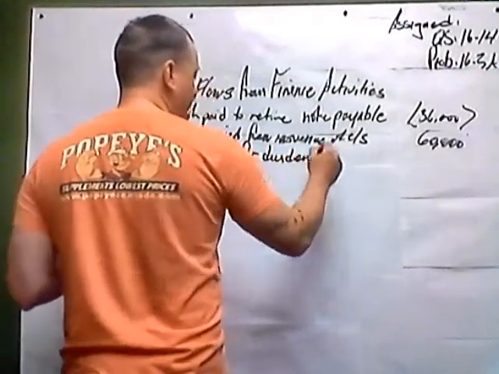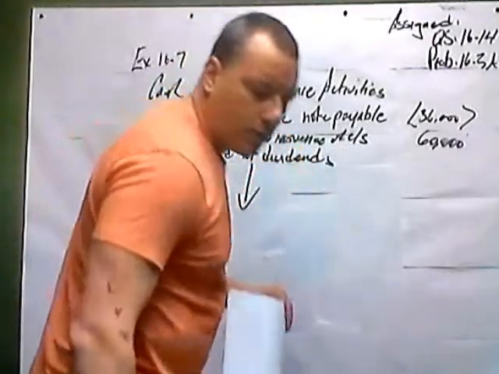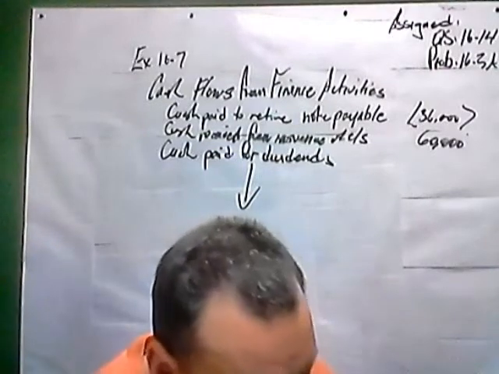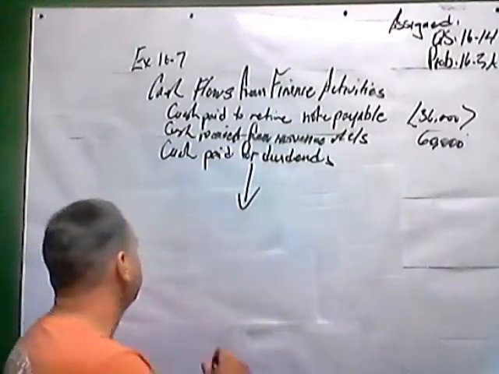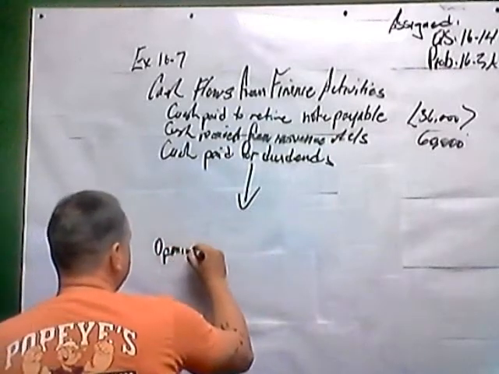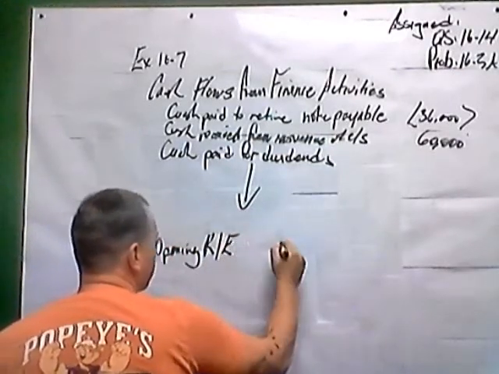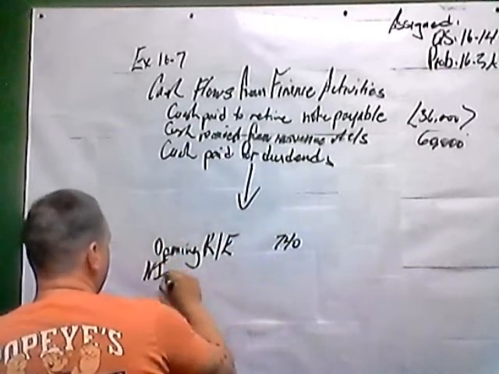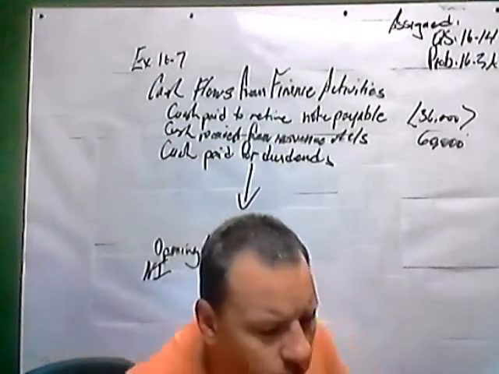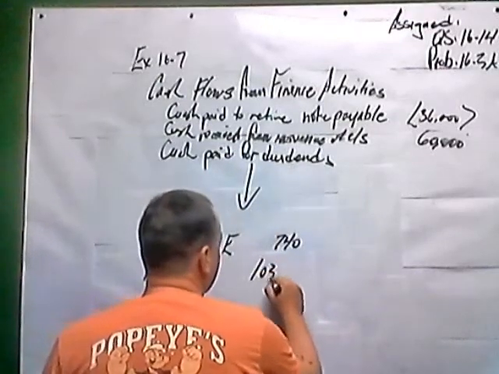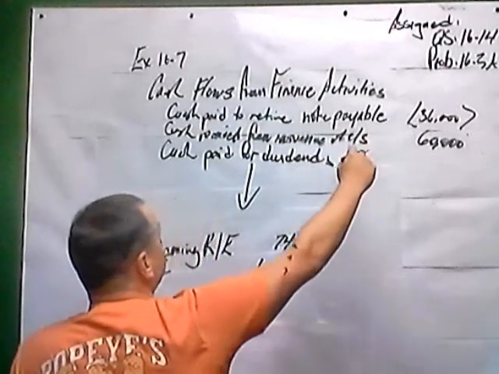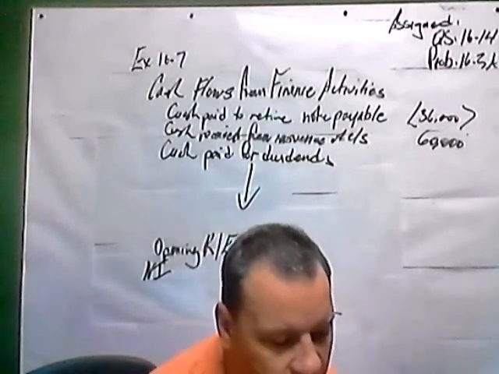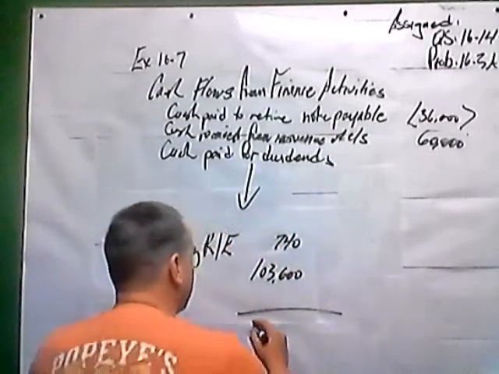How do I know there's dividends? Well, we started with 740. We have a net income of 103,600. We paid dividends, we don't know. But we ended with retained earnings of 27,180.